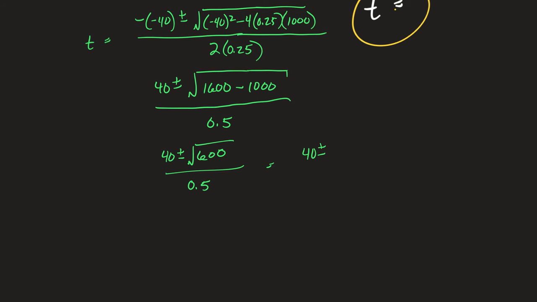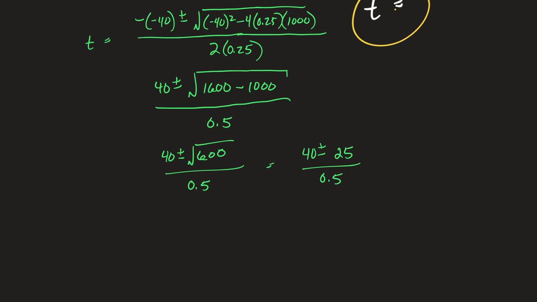40 plus or minus 24.5 over 0.5. God, I would just like to make it 25. It's so much easier. But I'm going to make it 25 for demonstrative purposes. You guys should keep more decimal places in your answer, okay?